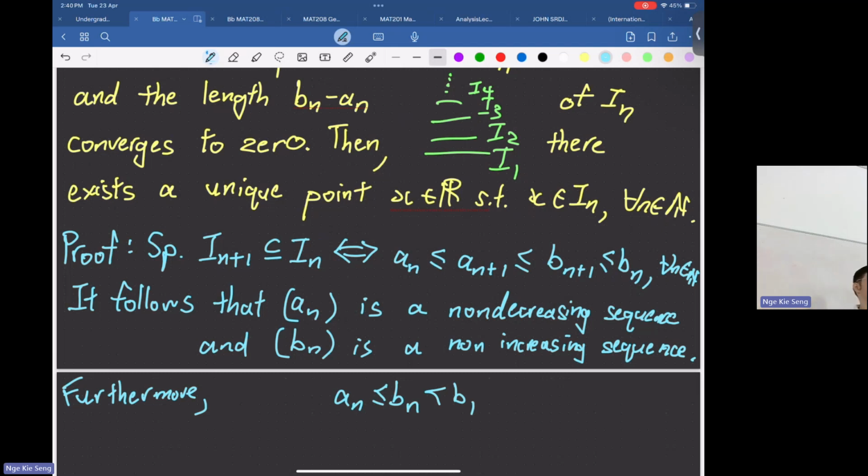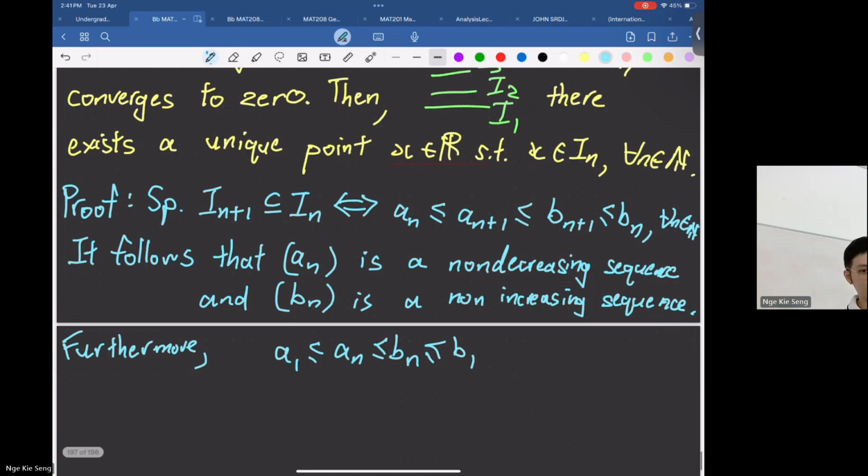You have the largest house when n equals 1. Okay. Bounded below or not? Yes, because the largest house is I1. Bounded above by b1 and bounded below. So both of them are bounded above and below.